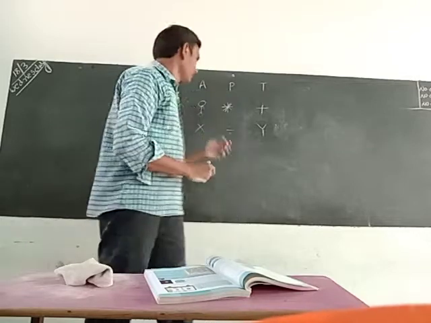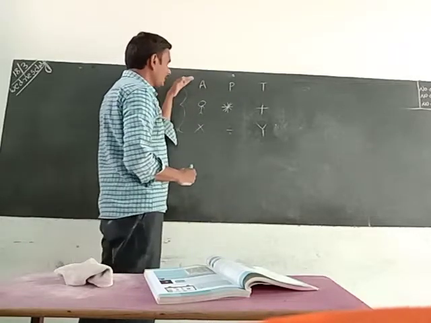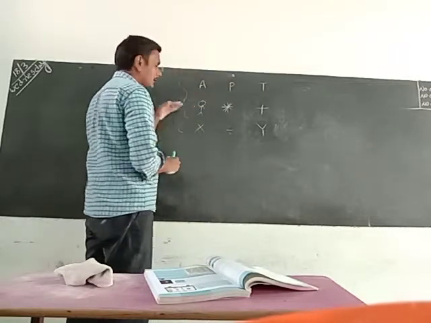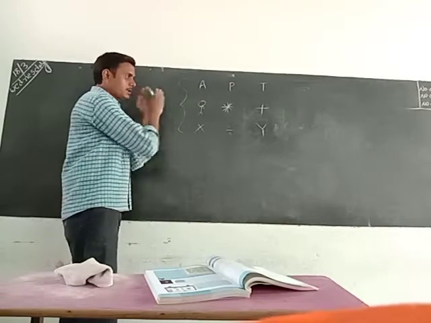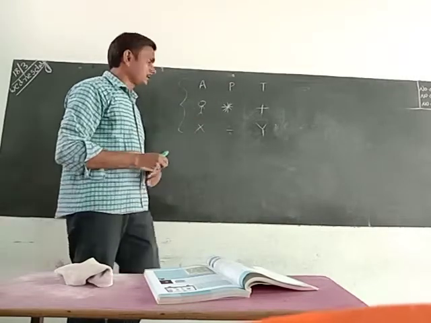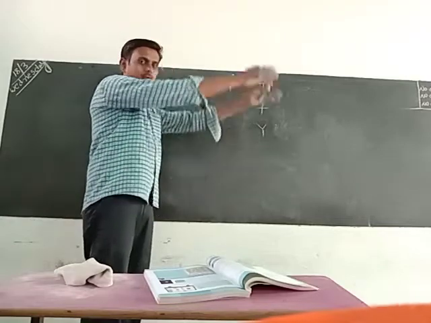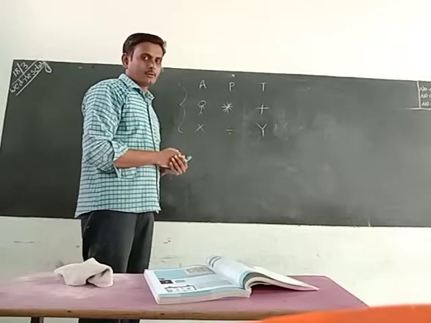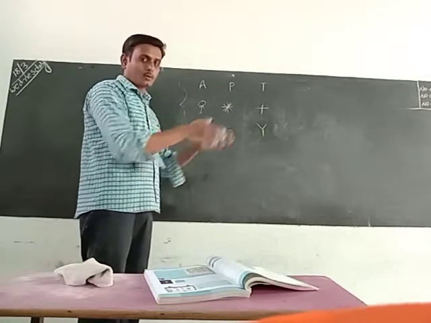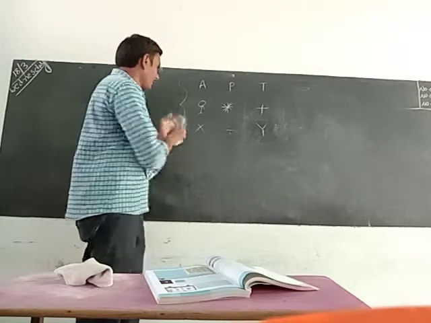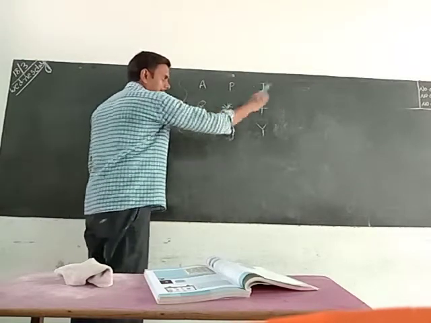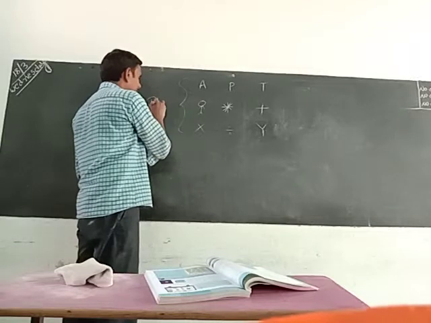Rows and columns. These are called rows. We are seeing like this. Whenever an assembly is conducted, we stand in rows only. So we start here and see this direction. So these are called rows.